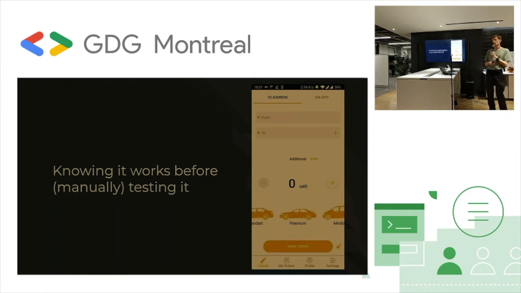It's the main screen from the app we made back in 2017. Some functionality here, like checking the address, building the path, setting additional options for rides, choosing car class. So it's kind of a competitor to Uber on the European market. All this screen was built without actually running the app, not installing it on the phone.